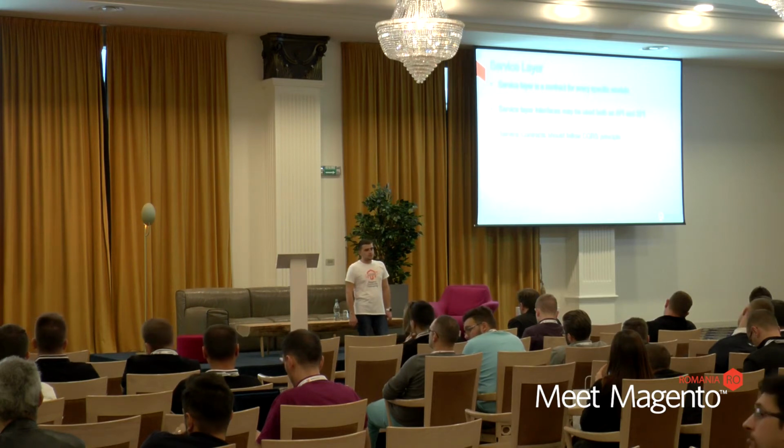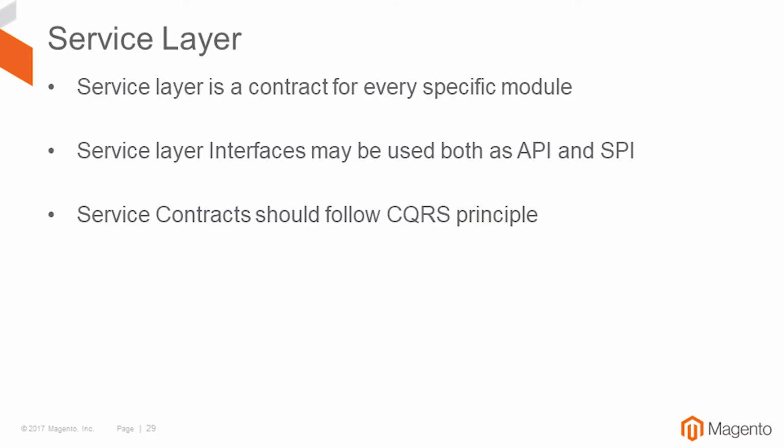The service layer is a really big part, so just a few points. Basically, the service layer in its current state is a contract for each module. It's an API which you can use, and also it's the module's web API in most cases. Another use case for that is SPI, the service provider interface.